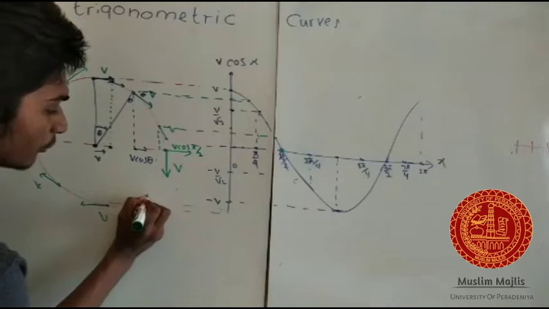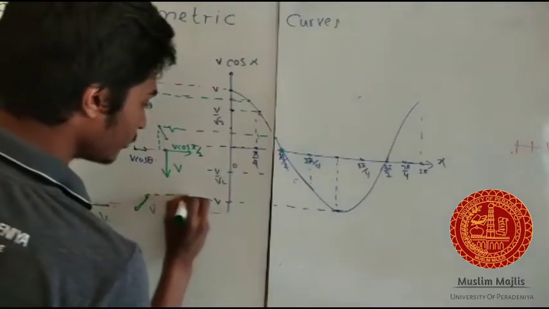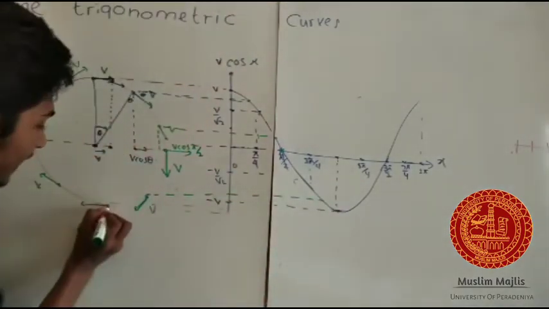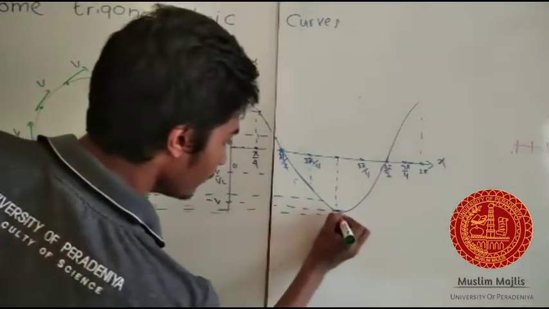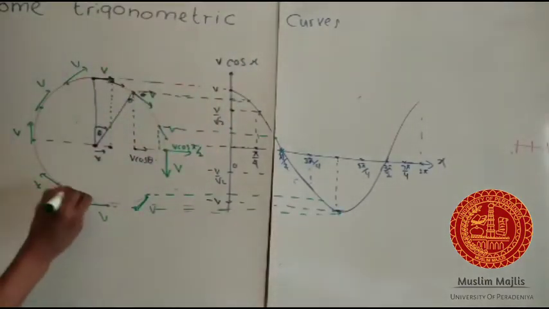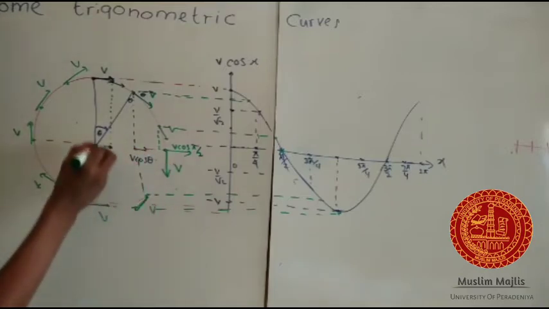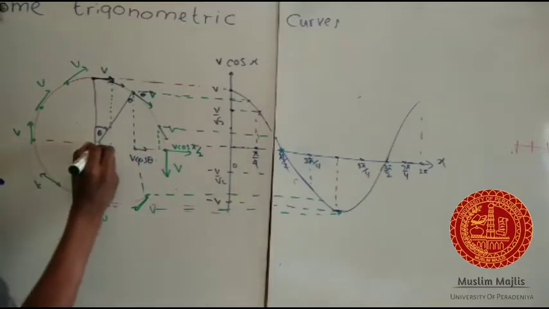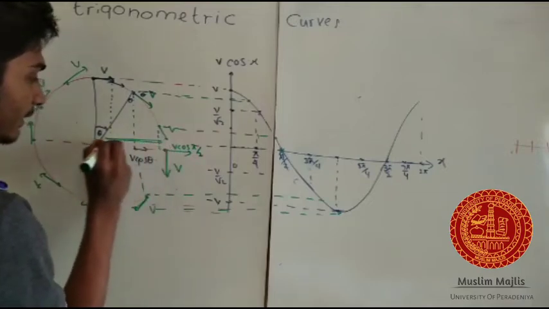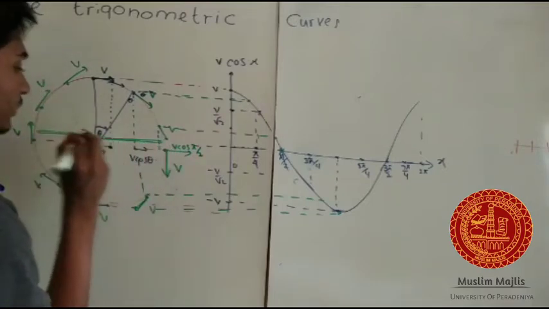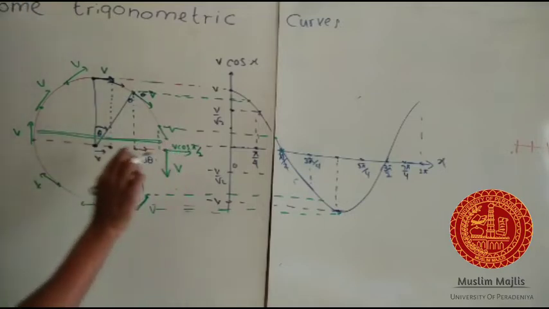Similarly, when it comes down, you get the velocity like that. When it is at the minimum value, you get the minimum value. So it's a kind of a motion like this. What you have to do is to just draw a vertical line and figure out where the position is. It's going to go like that, and it's going to turn back, and this kind of a motion is always going to continue.